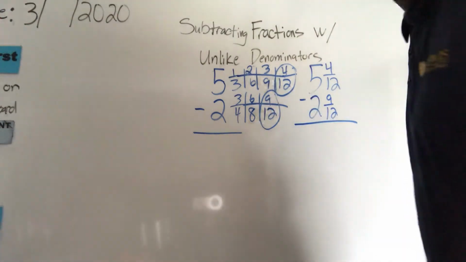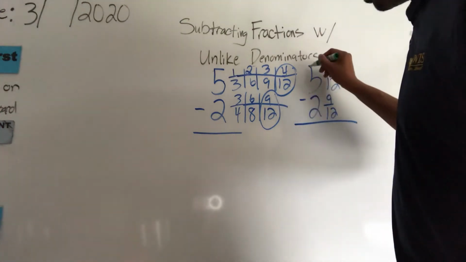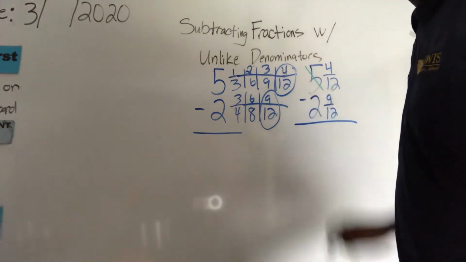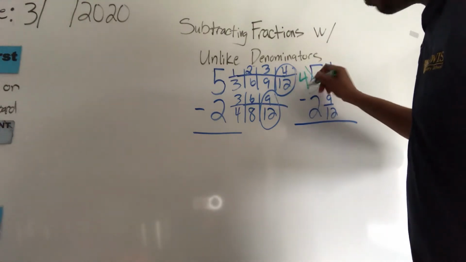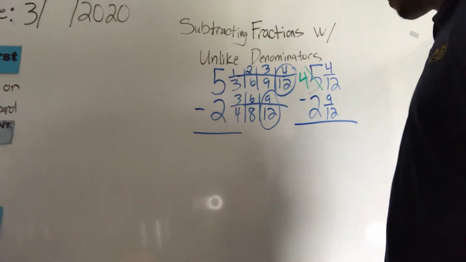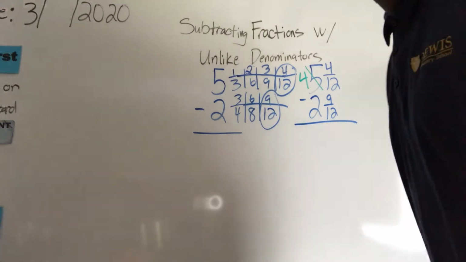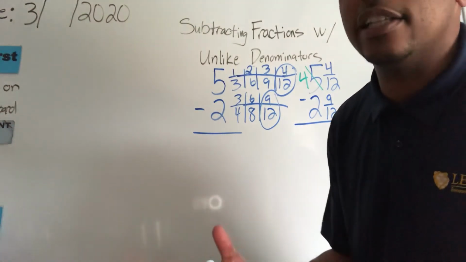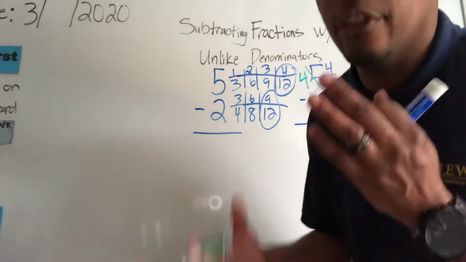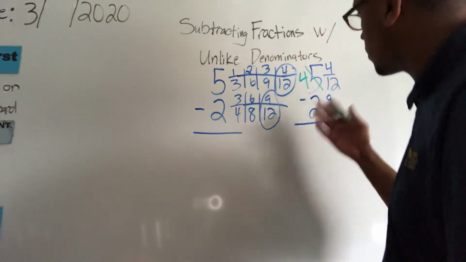Now, he don't got no 12s to give you, but he will give you a 1. When he gives you a 1, this becomes 4 wholes now instead of 5. Now, the 1 that he gives you, it does not do you any good to bring it back as 1 whole. The problem is you need 12s.